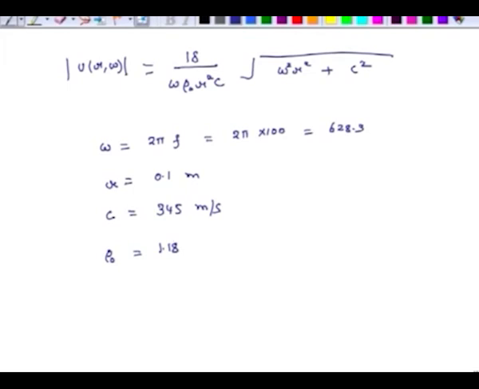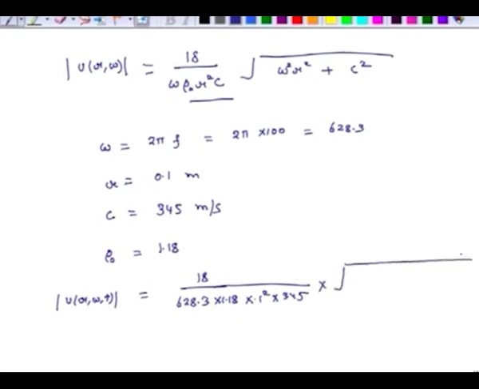So, once I plug all this information into this relation, the magnitude of velocity at r equals 10 centimeters equals 18 divided by 628.3 times 1.18 times 0.1 square times 345, multiplied by the square root of this whole thing, which is 345 square plus 628 square times 0.1 square, which works out to be 2.47 meters per second.